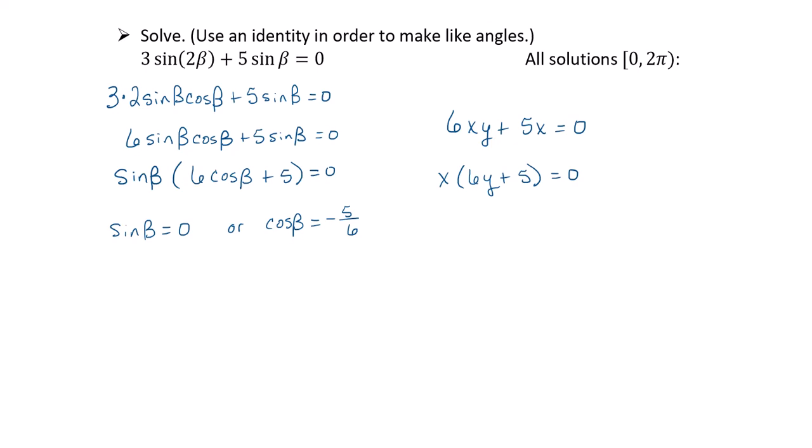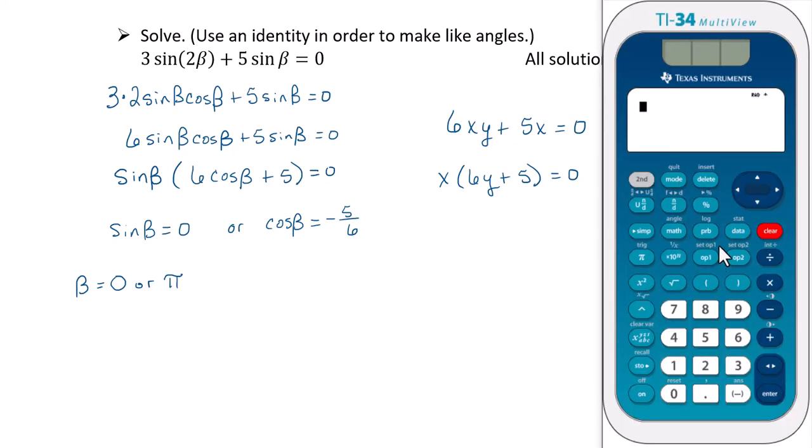So where is the sine of beta equal to 0? That's going to be at 0 radians or pi radians. So beta is equal to 0 or pi. And here, cosine beta is negative 5/6. That's not one of our special angles, so we'll need to use our calculator.